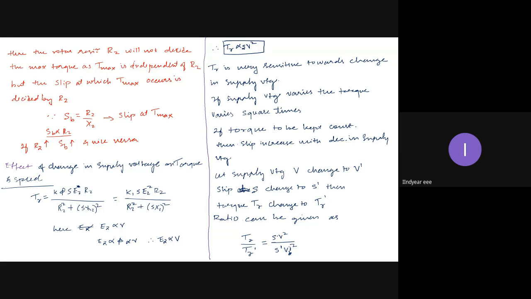Minimum. Now suppose some 10 members climb up the elevator. What will be the torque requirement? More, increased. But did you observe the speed? The speed of the elevator will not change.